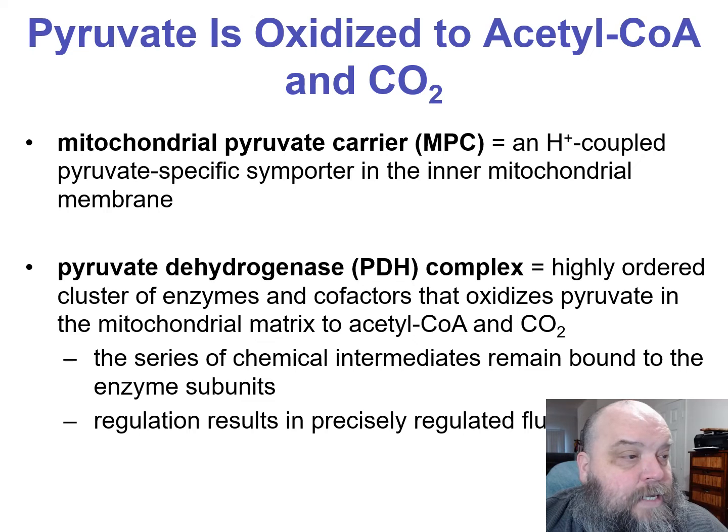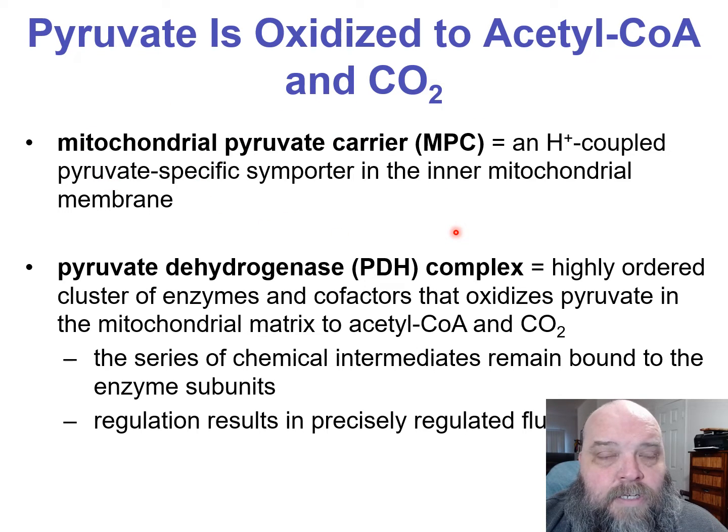Now to get the pyruvate in, pyruvate just can't clip and attach to coenzyme A. Pyruvate's in the cytoplasm. The CoA is actually in the mitochondria. So first you're going to have a symporter.